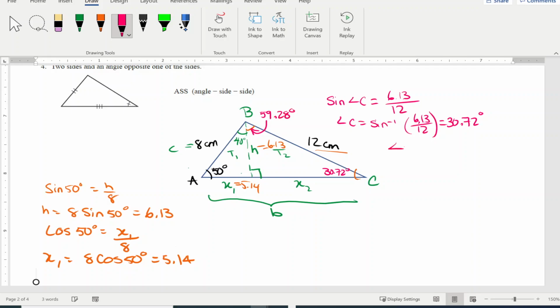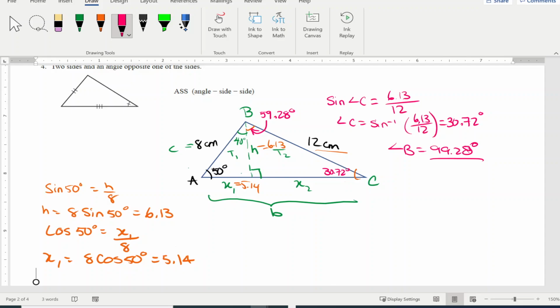So then angle B is equal to 59.28 plus 40, which is going to give us 99.28 degrees. So now we have angle B, we have angle C, and we already had angle A. Now we just have X2, the second side here, to find.